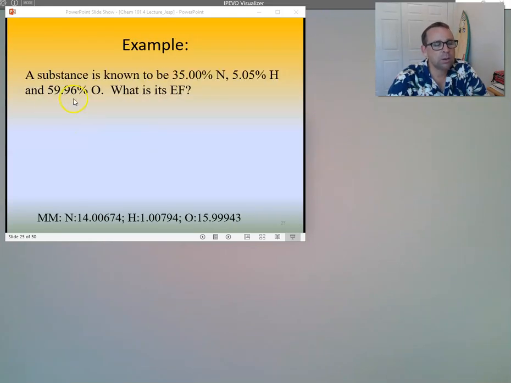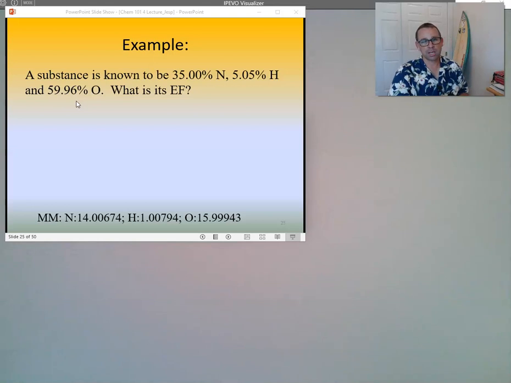Well, for this one, it's very similar because when somebody says, I have a substance that's 35% nitrogen, 5.05% hydrogen, and 59.96% oxygen, they're telling you how many grams of the different elements they have, because percentage is in grams.